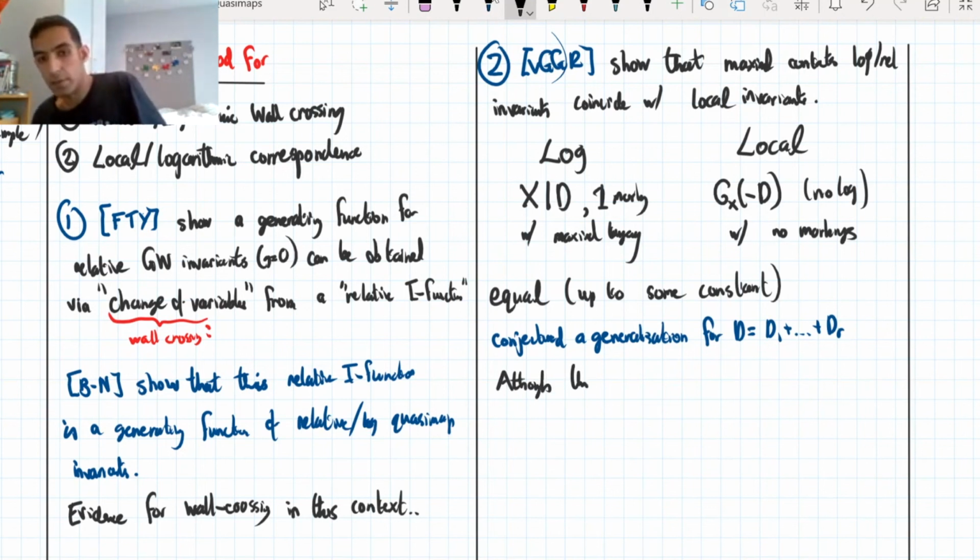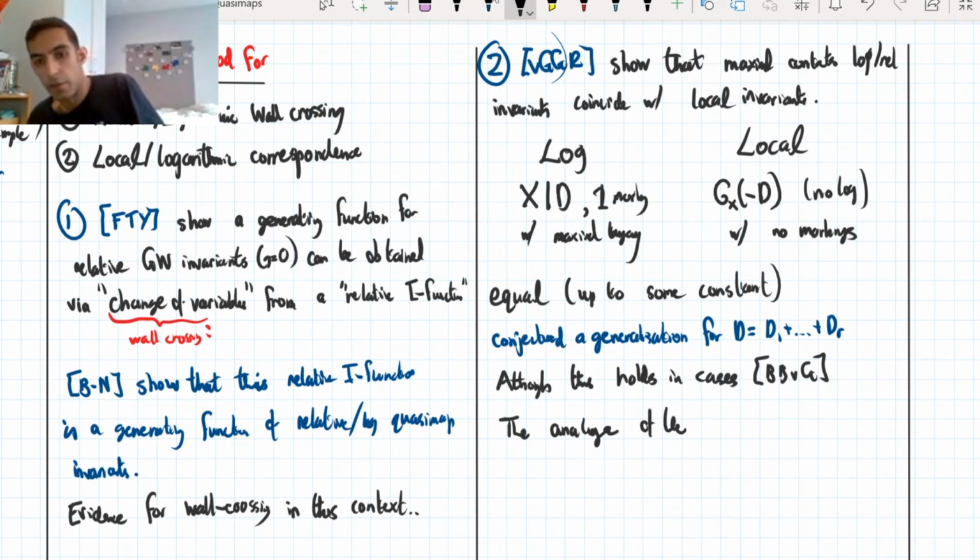Although this holds in some cases, there's some work of Bousseau, Brini, and van Garrel, the full conjecture is false, and there are counterexamples due to Nabijou and Ranganathan.